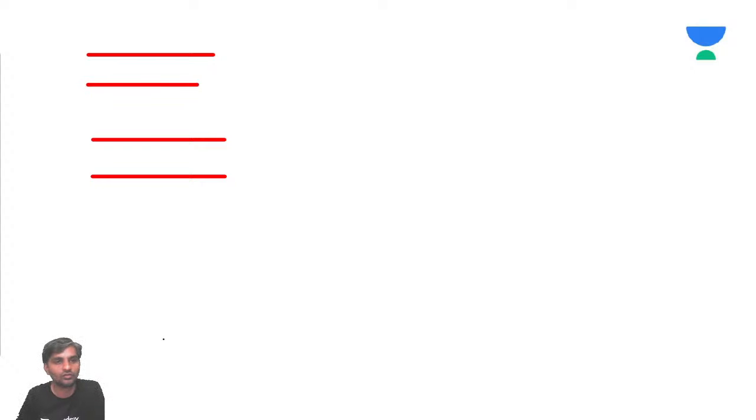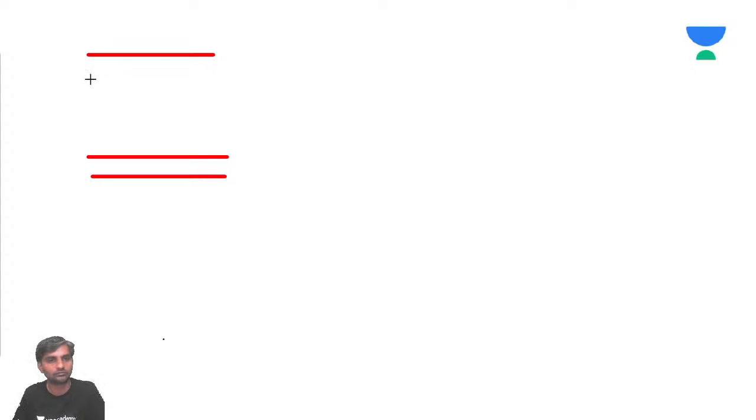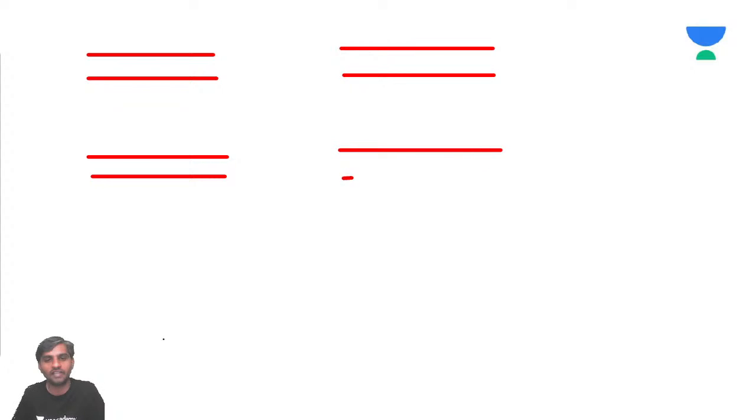Now theoretically, I'll try to explain what's happening here. I have to explain the theory part of this, then only you'll understand the solution.